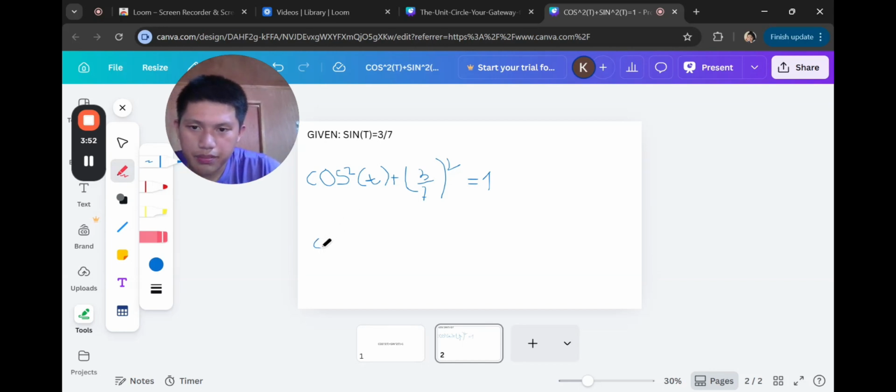So just copy the cos squared t plus 9 over 49.